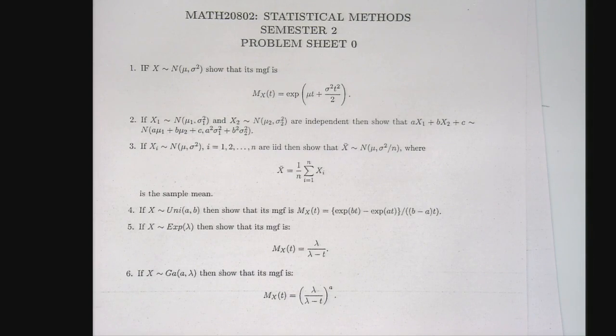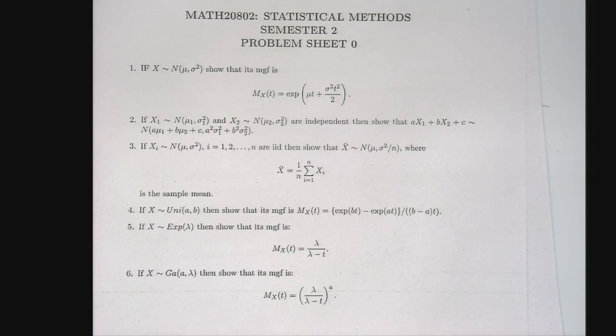This term is a constant. Are you guys with me? Because x1 and x2 are independent variables, we can write the expectation of the product as the product of the expectations. That's the property of independence.